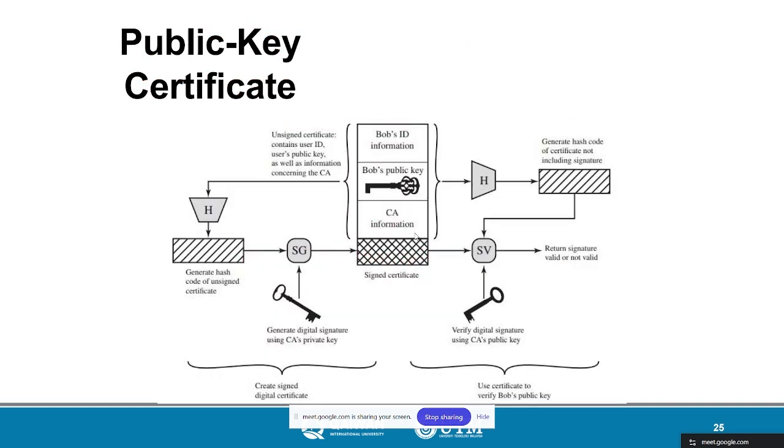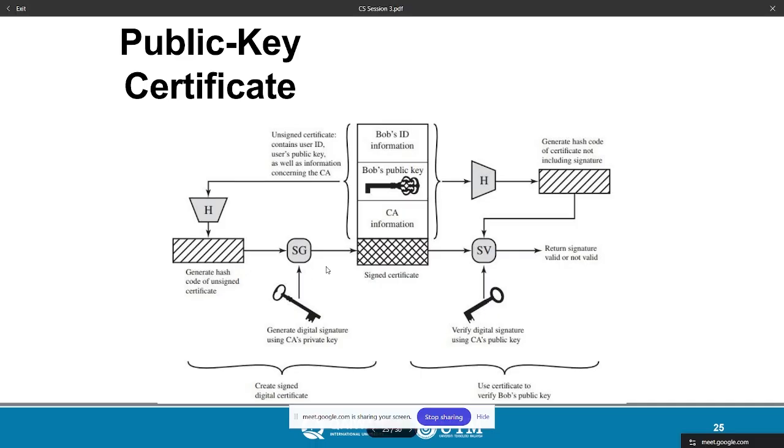Now, public key certificate. Okay, we explained it. However, this is something else. Now, why would I say something else? Now, I would tell you. Bob's ID information, or let's say Mr. Muhammad's ID information, passport, with the public key, with the CA information.